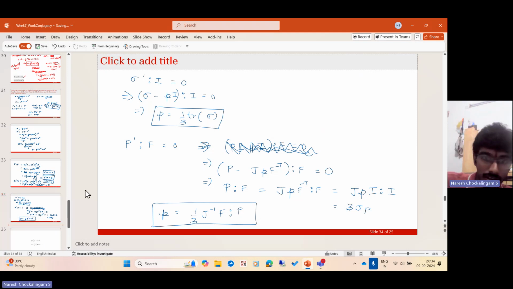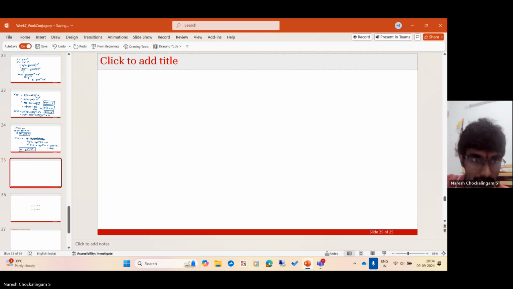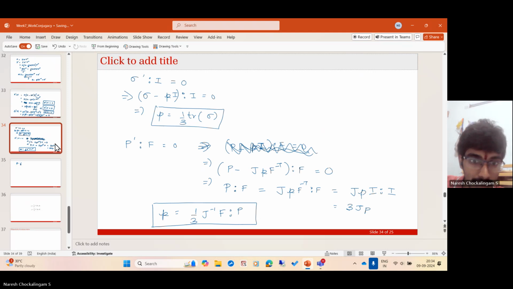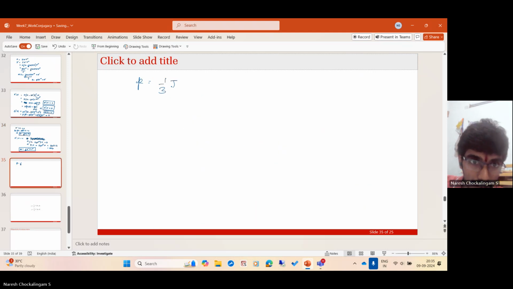Now, in terms of S, it is even easier. So we have P is equal to 1 by 3 J inverse of F contracted with P. This is one relation.